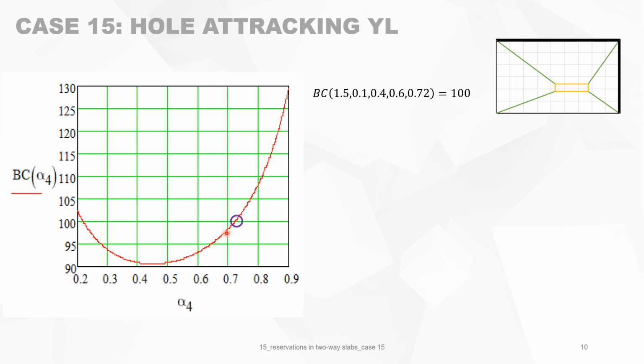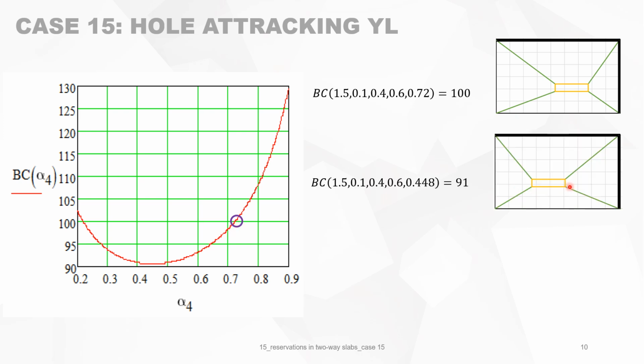So, for instance, for this point, we will see that for alpha 4 equals 0.72, the bearing capacity is 0. And for this particular reservation, we got the maximum bearing loss, which is 10%, almost 10%. So just to be clear, it is always the same reservation, 0.1 times 0.4 times A. So it's always the same reservation, but we are moving it from left to right, from right to left.